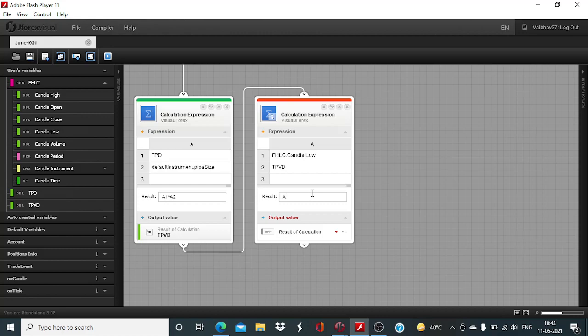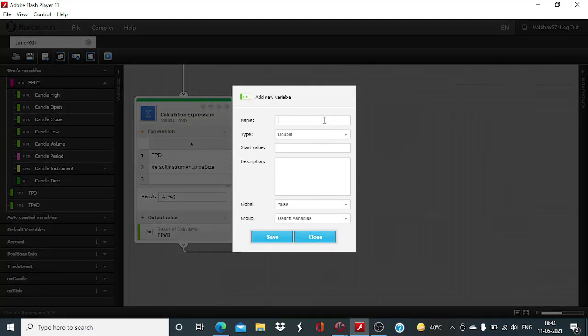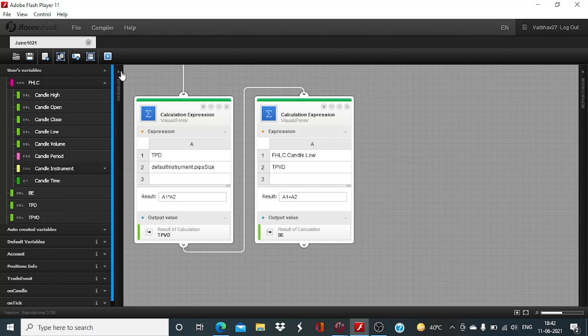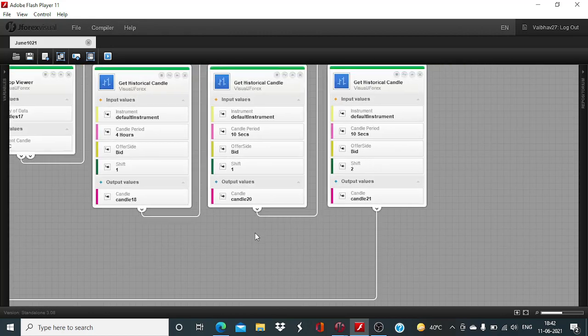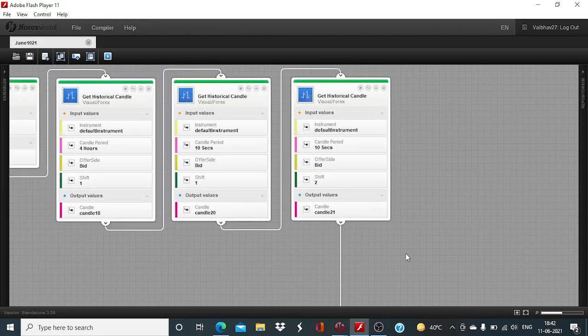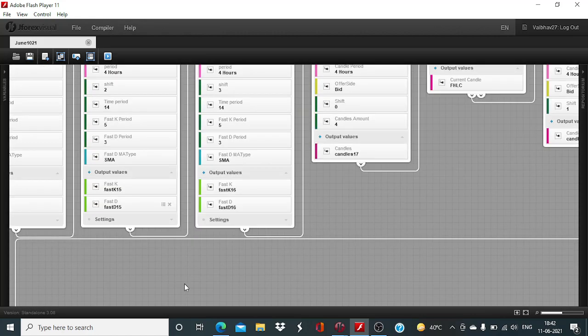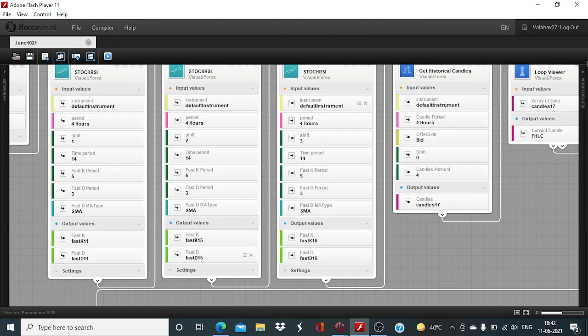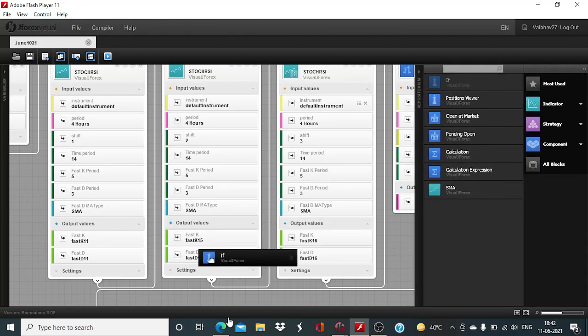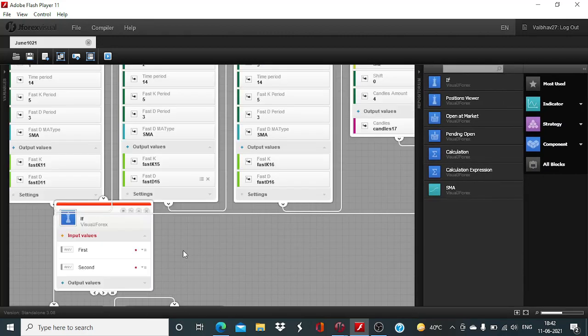So A1 plus A2, and this will be the price for the execution of the buy trade by entry BE. Okay, we will compare this with the closing values of this candle 20 and candle 21. Now coming back to the defining of the conditions using the if blocks. First I will need to take a couple of if blocks.